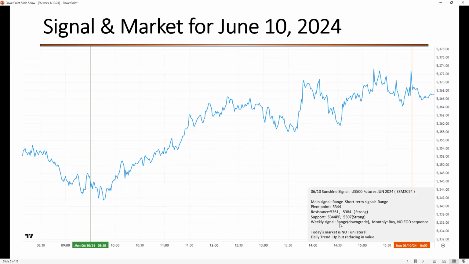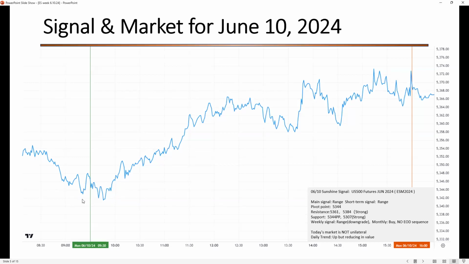So the range is a slight downgrade from Friday. Market opened at around the 5344 pivot point, but couldn't get under. So although we had a slight downgrade, the fact that it's remaining above the pivot point provides a buying the dip bias for the day.